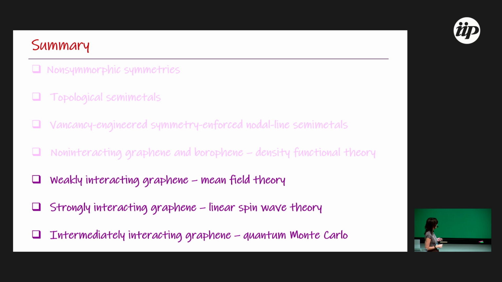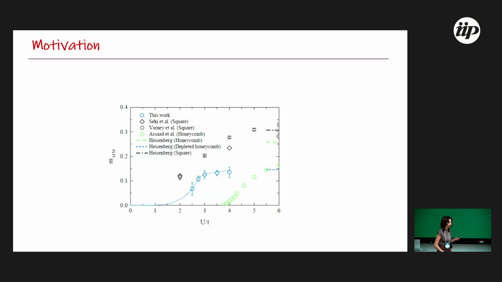And so we investigated this question for the 3 regimes of electron-electron interactions: weakly, strongly, and intermediately interacting regimes. In this case, we carried out this case study for graphene, and I'll show you some of our preliminary results. So the motivation is that, just look at this picture of magnetization as a function of the strength of U, which is the electron-electron interaction, and these green symbols here represent the phase transition of pristine graphene.